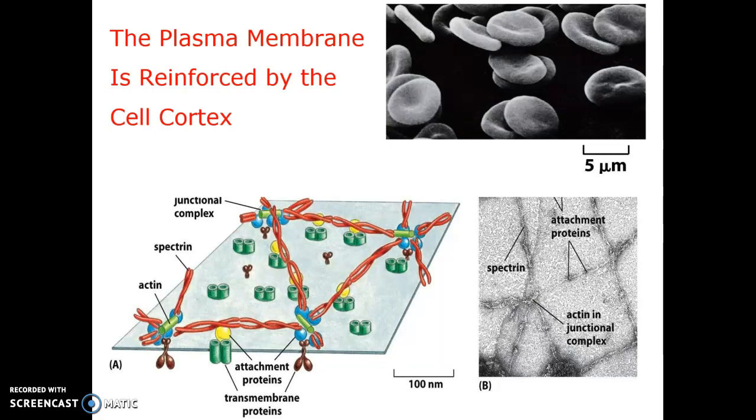And that shape is created by actin interacting with spectrin, vinculin, all of these junction proteins that create this beautiful hexagonal matrix on the inside of the cell. So these are the cortical proteins, and they create this gorgeous shape of the red blood cell.